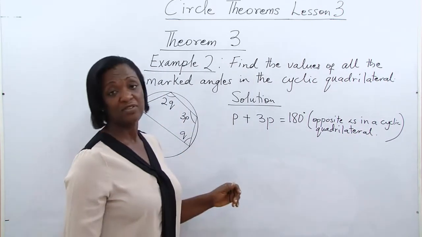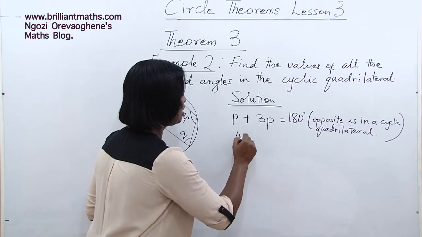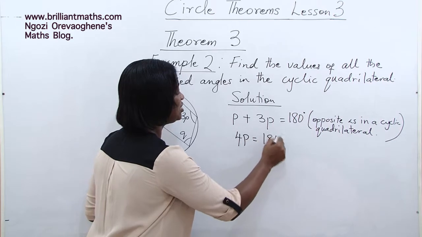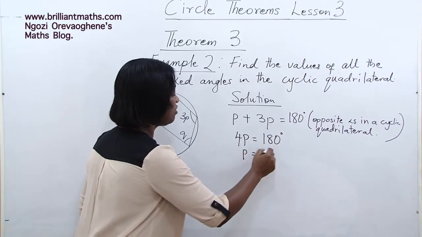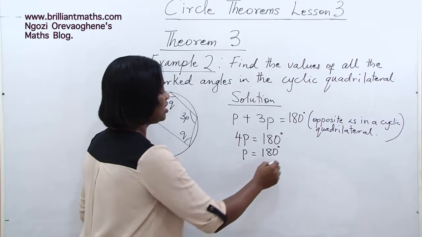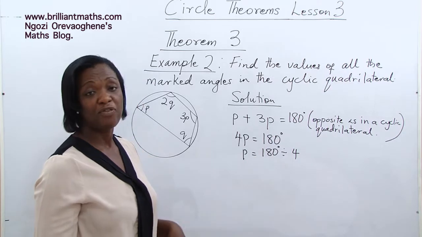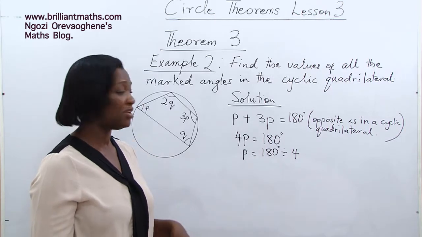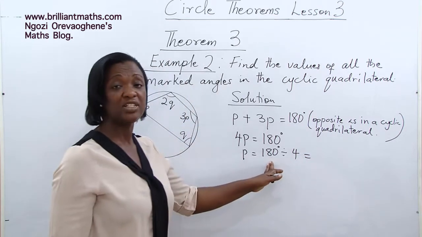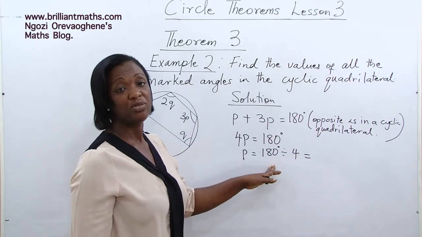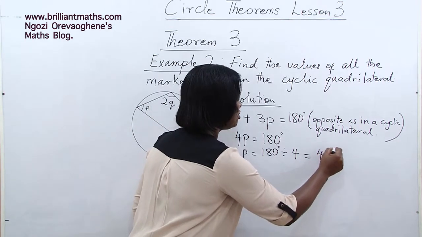We can then find the value of P and the value of 3P. We have that 4P is equal to 180 degrees. So P is equal to 180 degrees divided by 4. And to divide a number by 4, half it and half it again. So the value of P is equal to half of 180 degrees, which is 90 degrees. And half of 90 degrees is 45 degrees.